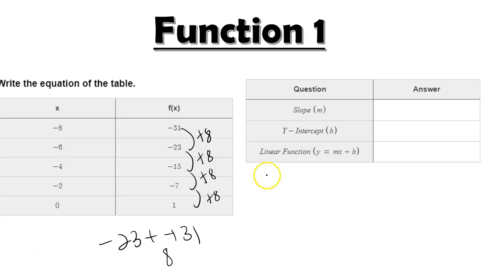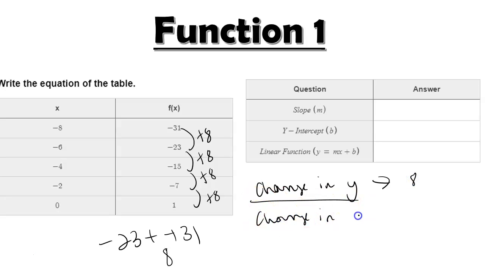Okay, so my change in y is 8. So now I need my change in x. So this one, I'm going -8, -6, -4, -2, -0. So you can see I'm counting by 2's, okay? And I am getting larger, because I'm getting less negative. So I'm adding 2 each time. So my change in x is 2, okay?